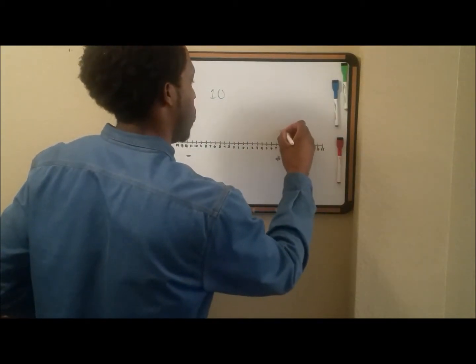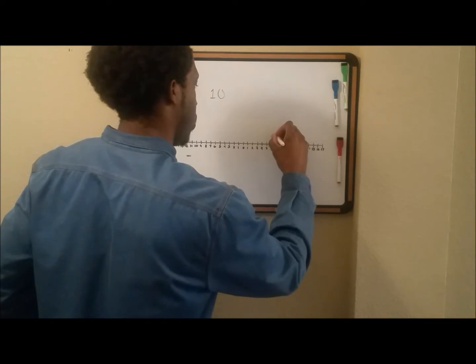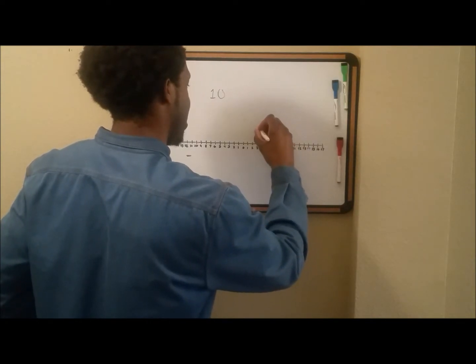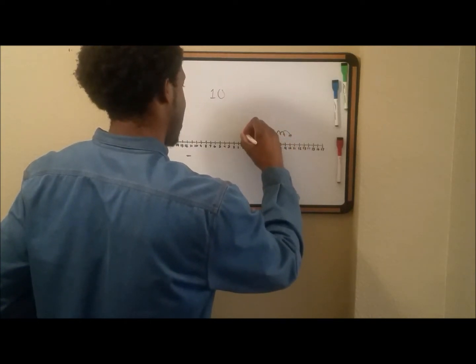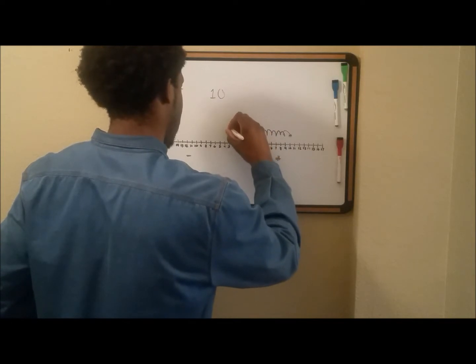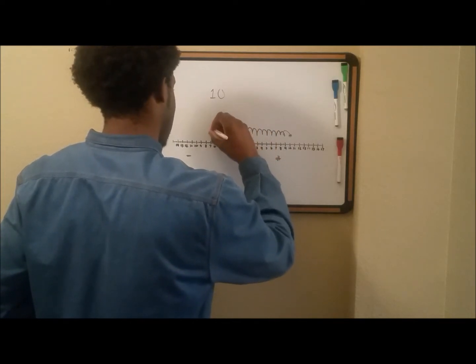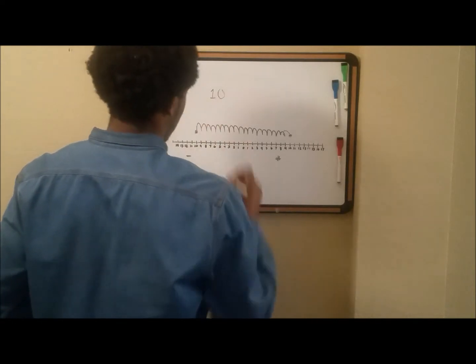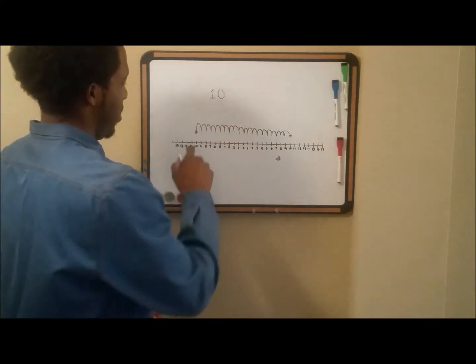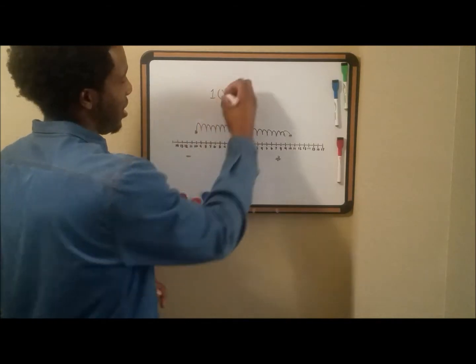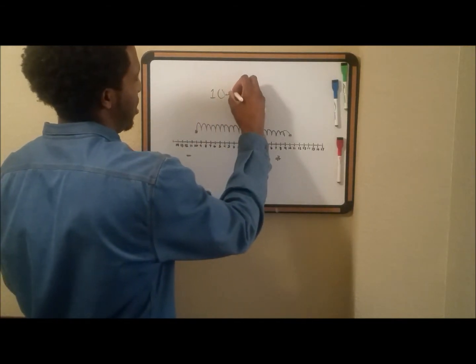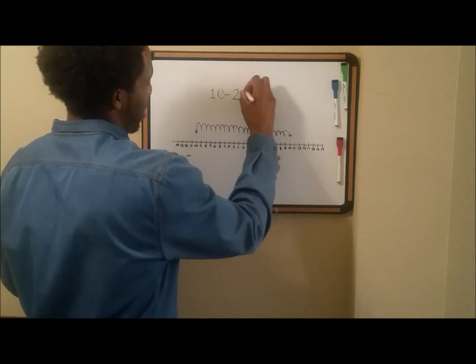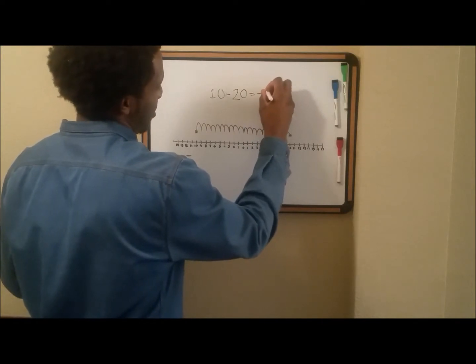So it's gonna be 1, 2, 3, and so on, up to 20. Ooh-wee, that's a lot of debt right there. So as you can see, that's negative 10. So what I just showed here is 10 minus 20. So I got negative 10.